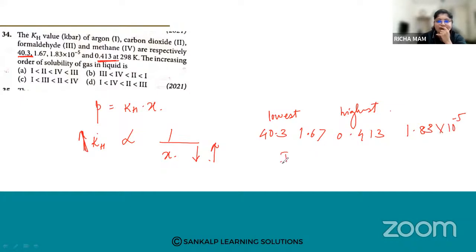So this is 1, 2, 4, and 3. So option number A. So more is the KH value, lesser is the solubility. Yes, Janvi Srivaruni has answered correct. It is option number A.